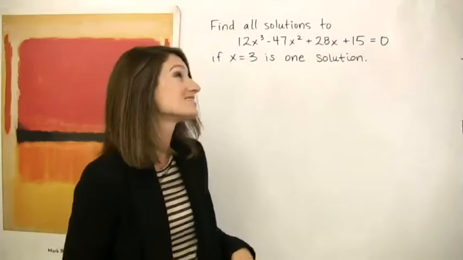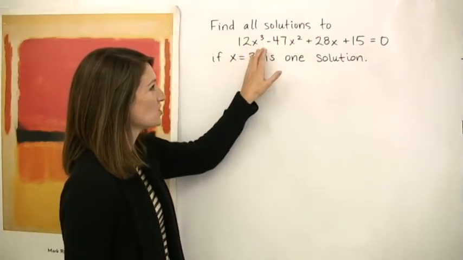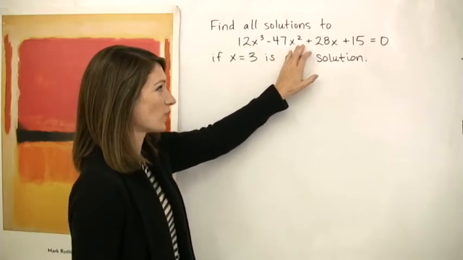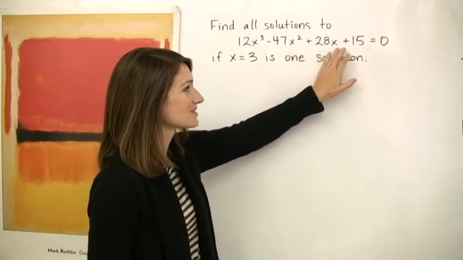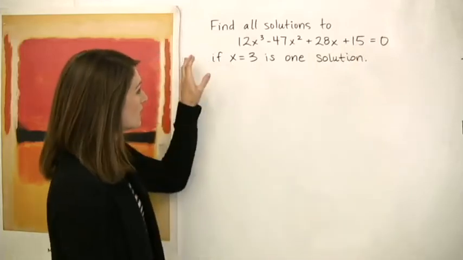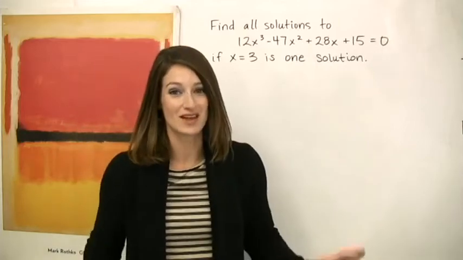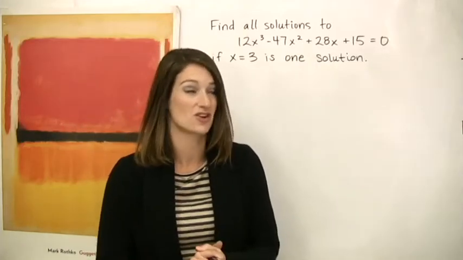Okay, suppose you're asked to find all of the solutions to this equation. 12x cubed minus 47x squared plus 28x plus 15 is equal to 0. And then we're given that x equals 3 is one solution. So that's helpful that we have one solution to start off.